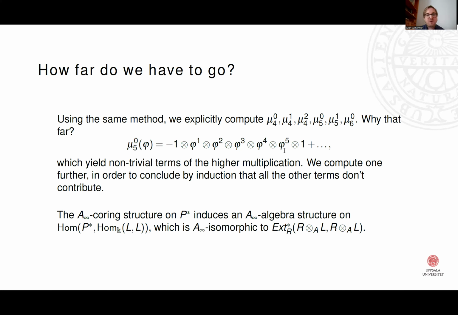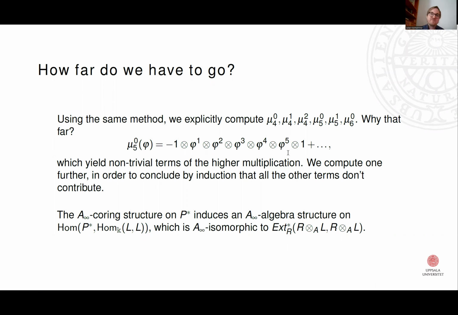And it can happen that all the a components lie in the radical of a, and you can get such a term here. And this term will give a non-trivial contribution to the higher multiplications. So this is at least how far we have to compute, at least until mu5.